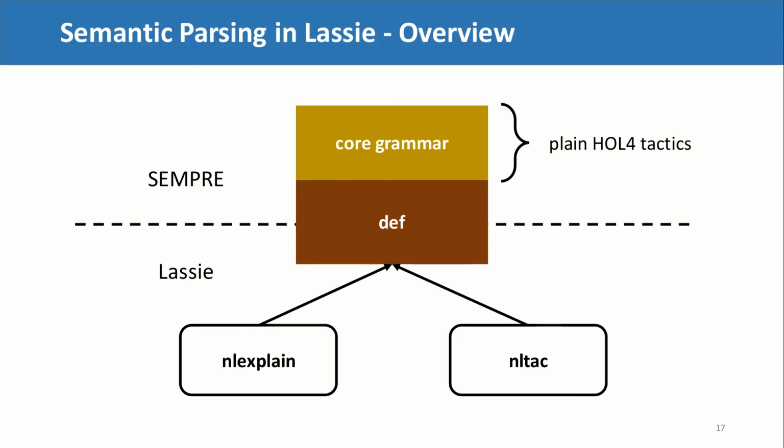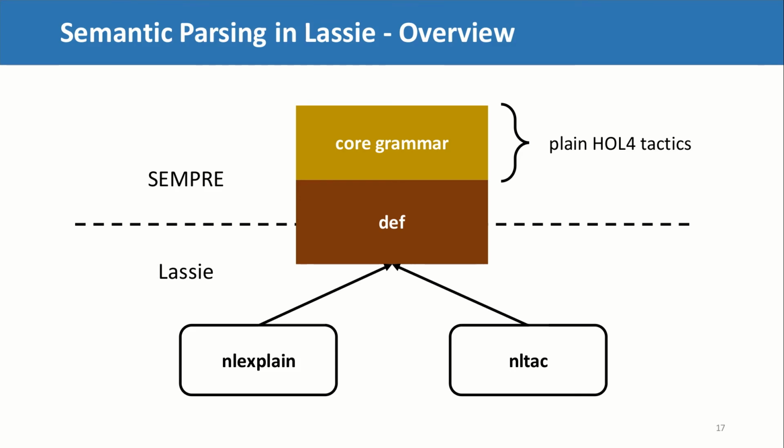And Sempre, under the hood, has these two big boxes that I'm showing here on the slide. The top part being the core grammar, in which we model plain HOL4 tactics. Using the def command, which sits right in the middle between Lassie and Sempre, as it is our manager for the communication, one can extend this core grammar with new Lassie tactics.